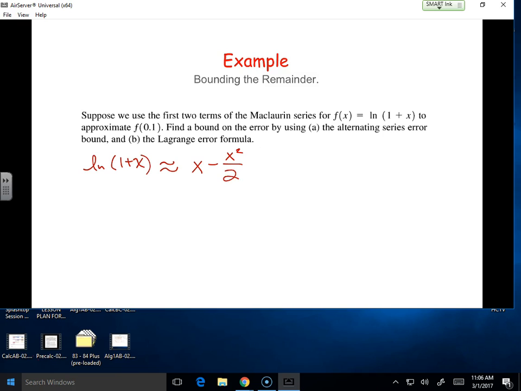And we're trying to use this when x equals 0.1. So we can say ln of 1 plus x. Does that make sense? Plug in when x is 0.1, so ln of 1.1 is approximately 0.1 minus 0.1 squared all over 2.